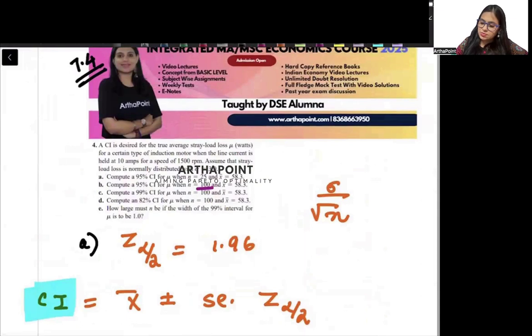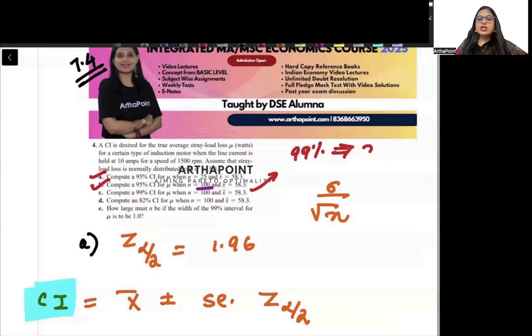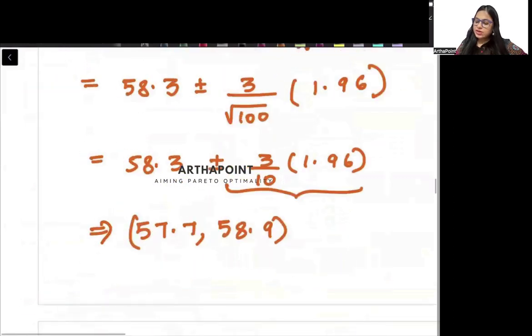Read this third part, please. It says compute 99% confidence interval when n is 100 and the mean is 58.3. We know without even looking at the table that for 99% confidence, the Z value is 2.58.